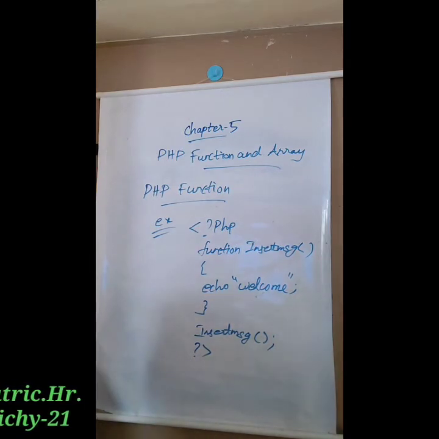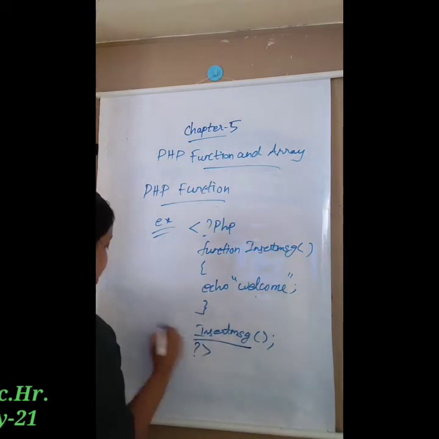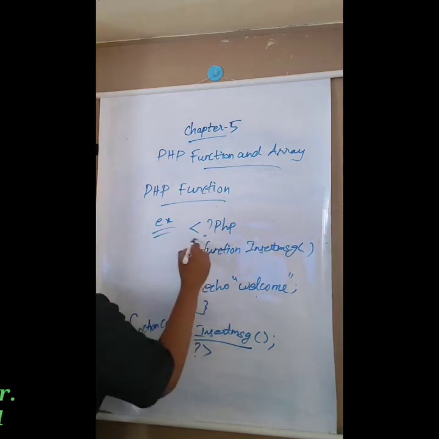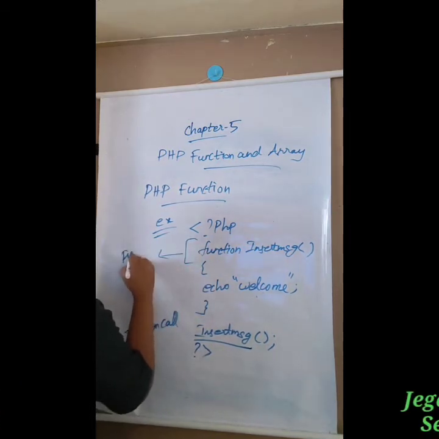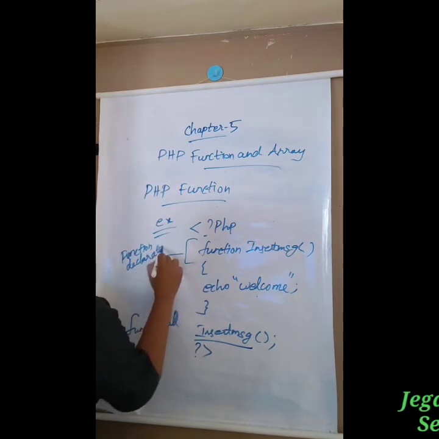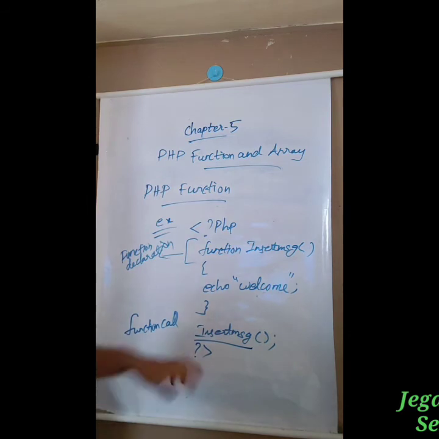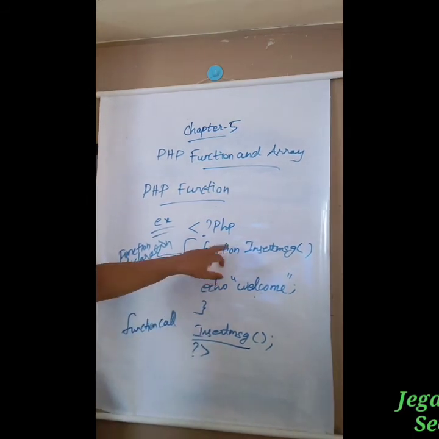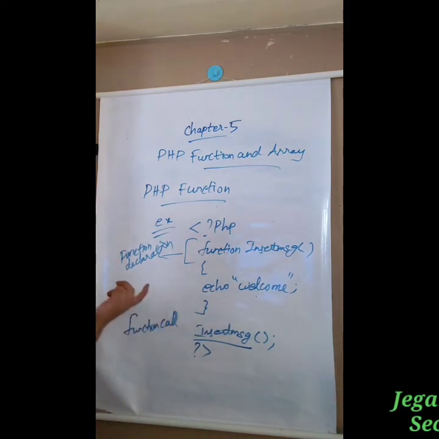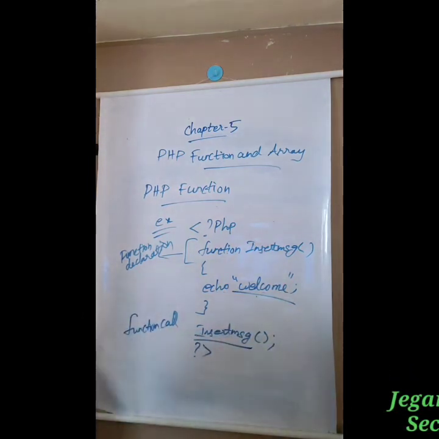This is an example of a user-defined function. Here this part is called the function call statement and this part is called the function declaration. When we use the call statement, it comes here and prints the value. Echo means it is used to print. Inside the echo statement we have welcome, so the output of this program is only welcome.